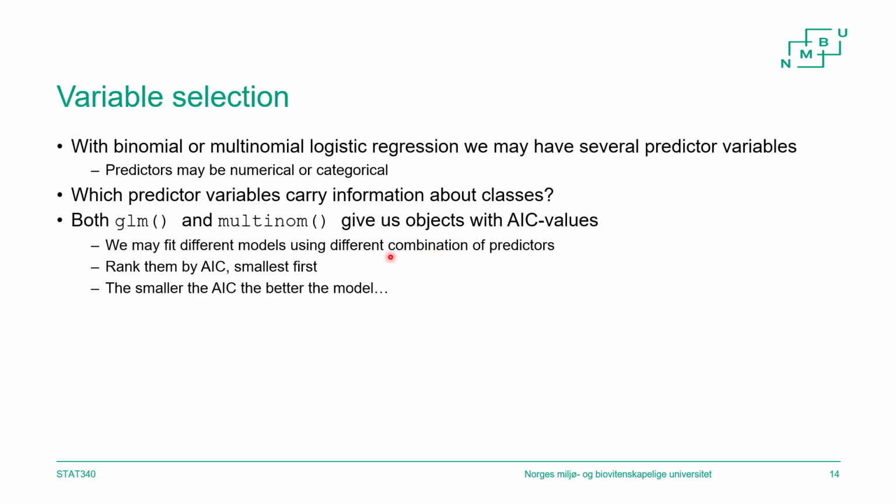This is doable for a smallish number of predictors, but if you have really many predictors, this is hardly doable. And remember that if you have p larger than n, you have this collinearity problem as well, so it may not even be possible to fit all different combinations, right? But this works in many cases, but not all.